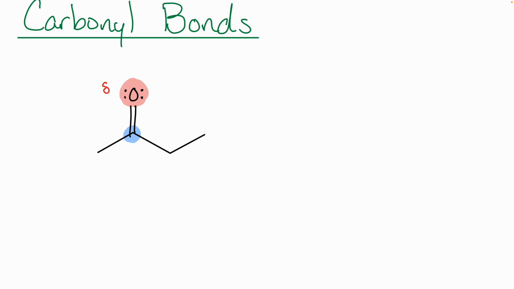So my oxygen has a partial negative charge, and my carbon has a partial positive charge. There's a phrase that you're going to hear me say about a bajillion times over this next few weeks, which is the electrophilic carbonyl carbon.